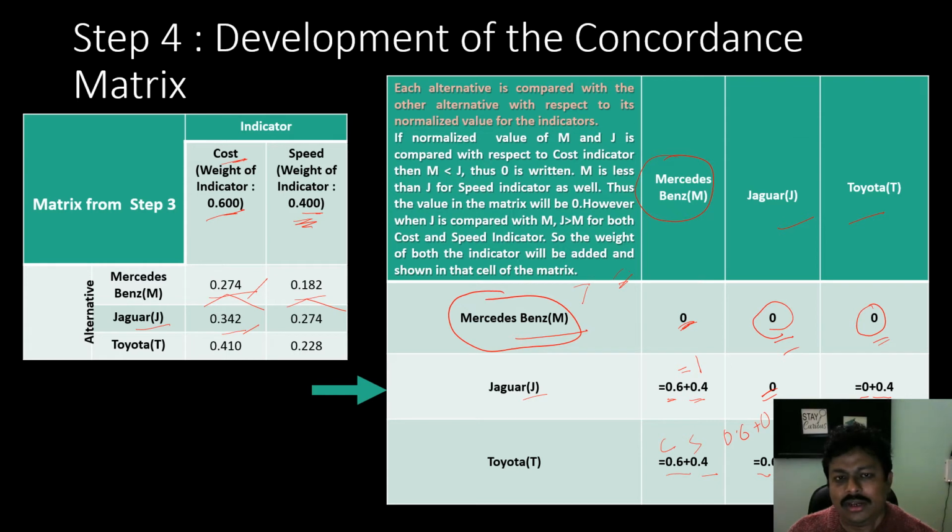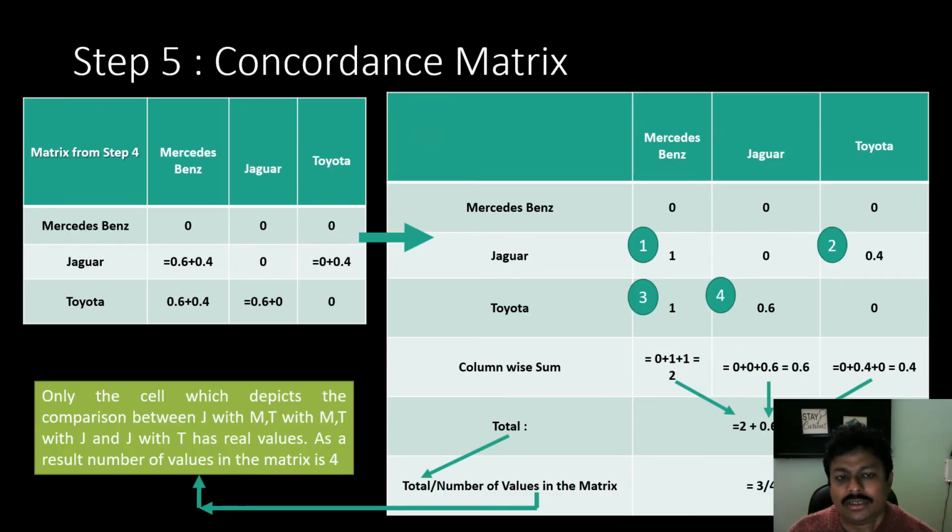Now this creates the first type of concordance matrix, and then I have already said what happened.